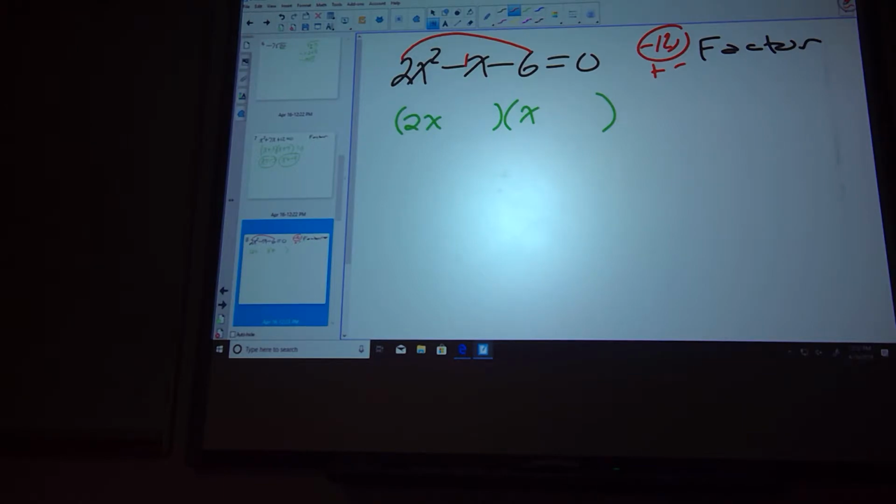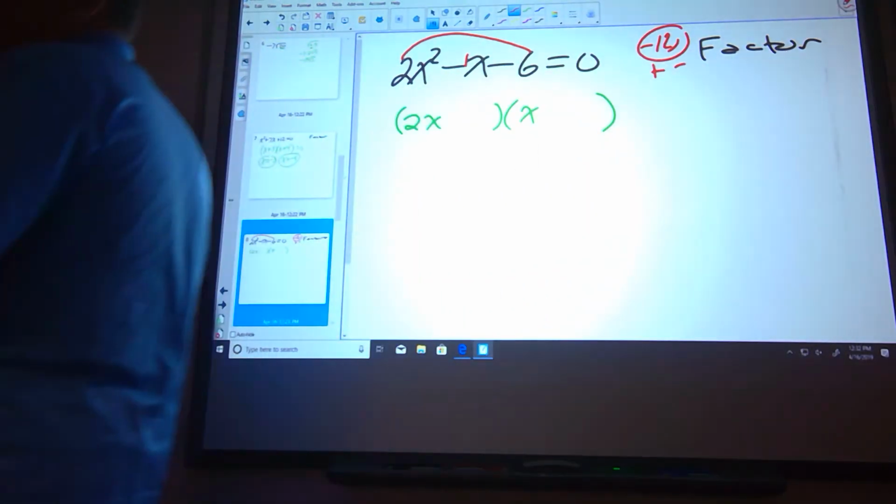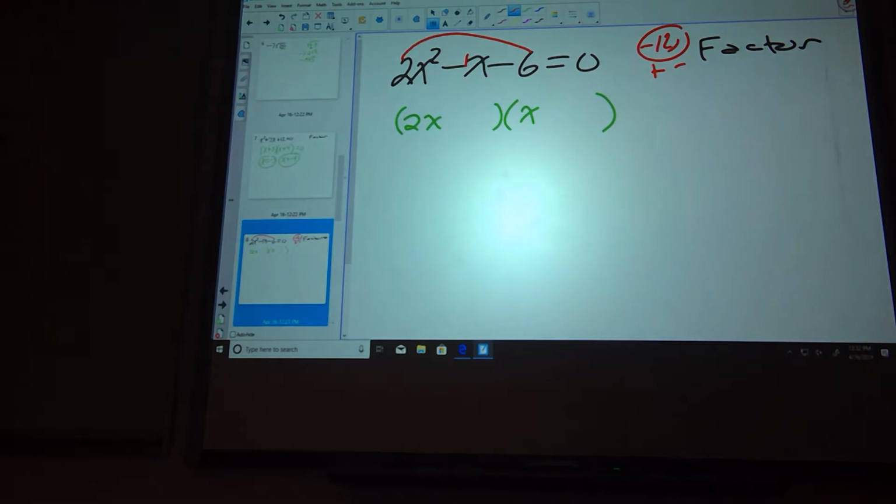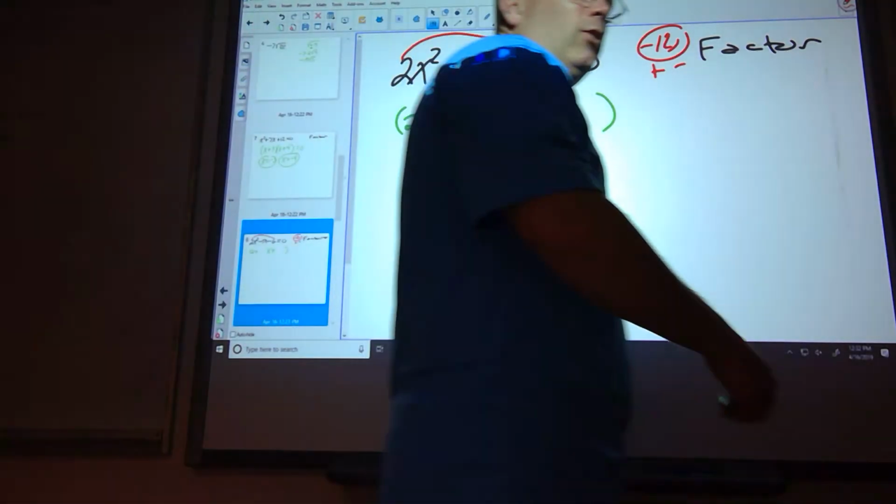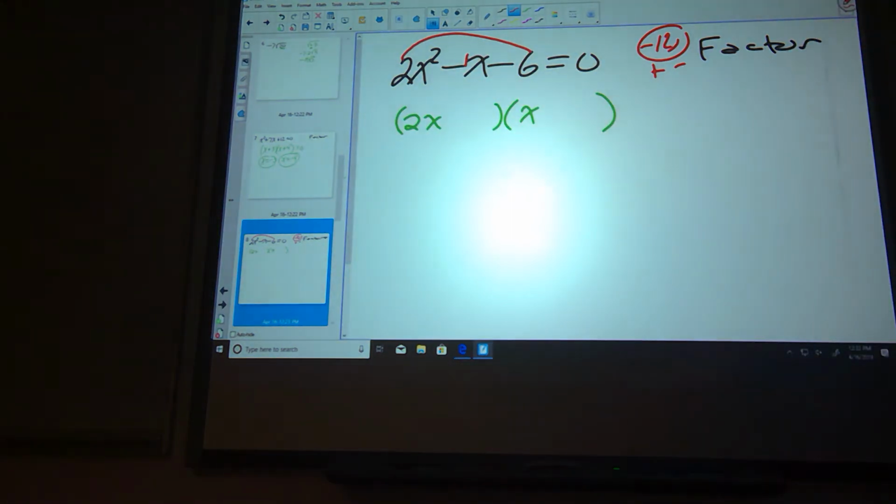That might be it. Don't erase it, let me work it out first. I can't do them all in my head. Is that a little better marker for you? Yeah. Darker? Cool. That might be it. Don't erase it yet. Let me work it out first. Can't do them in my head so quick sometimes. Sorry.